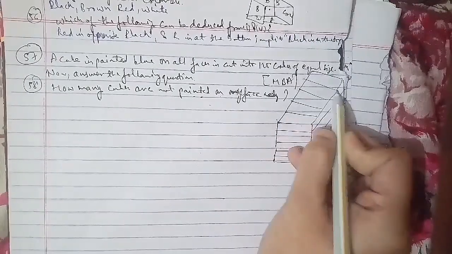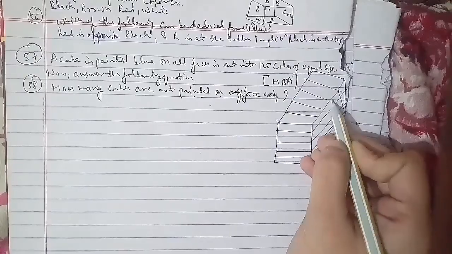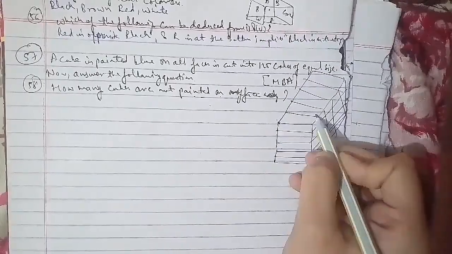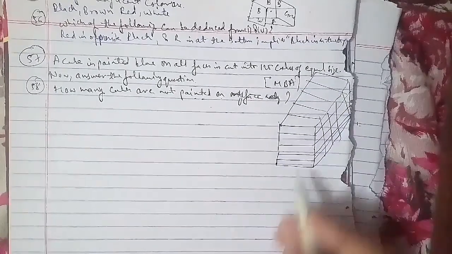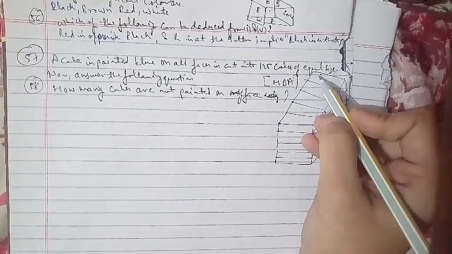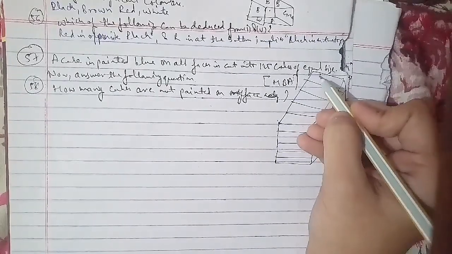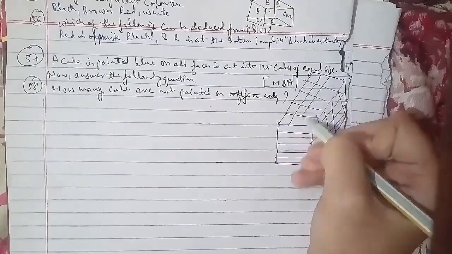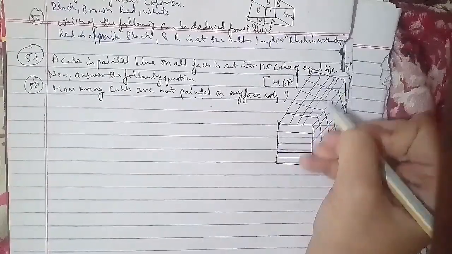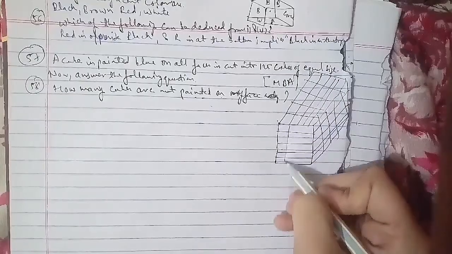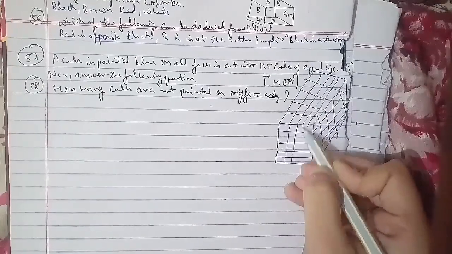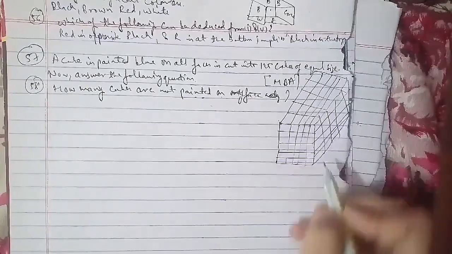Okay, so this is how it is, and according to that, the following figure shows the cube painted blue on all faces and divided into 125 smaller cubes. The figure may be analyzed by dividing it into 5 horizontal layers. In the first layer, the 9 central cubes have only one face painted, 4 cubes at the corners have 3 faces painted, and the remaining 12 cubes have 2 faces painted.